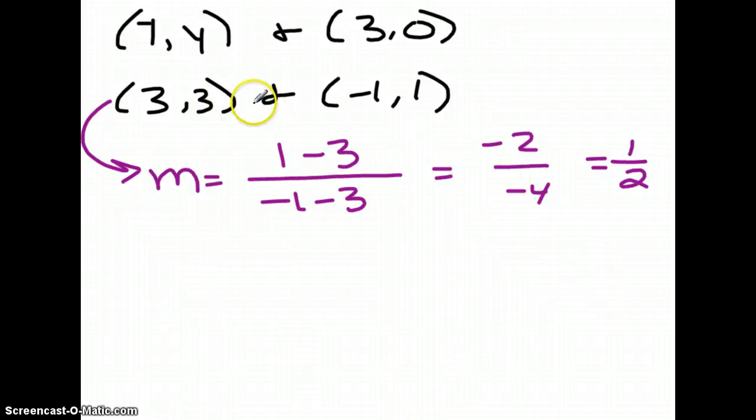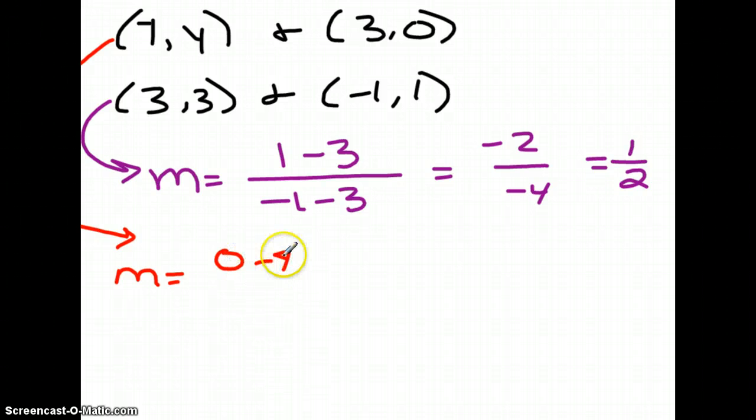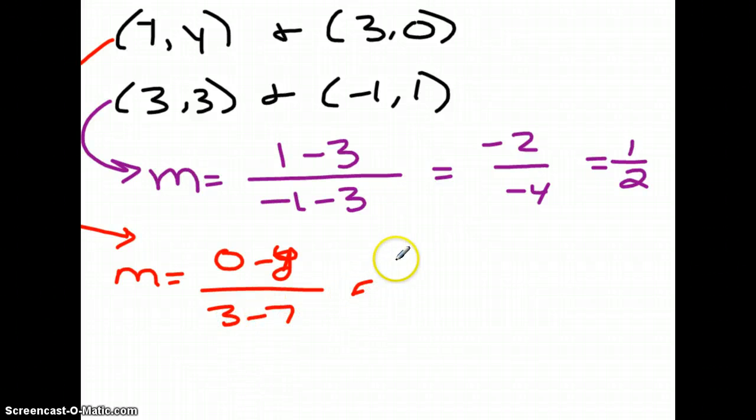So I know that the slope I get from the first two points needs to be equal to that same value if I want these to be parallel. If I find the slope there, it's 0 minus y, so negative y, over 3 minus 7, which is negative 4.